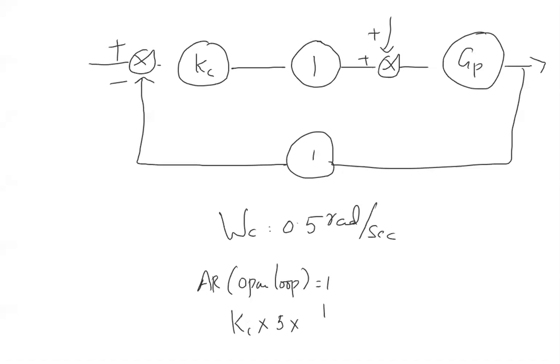Kc into 5 by (0.5 square plus 2 square) whole power 4 is equal to 1. So what is Kc here? 4 by 5, 0.8.